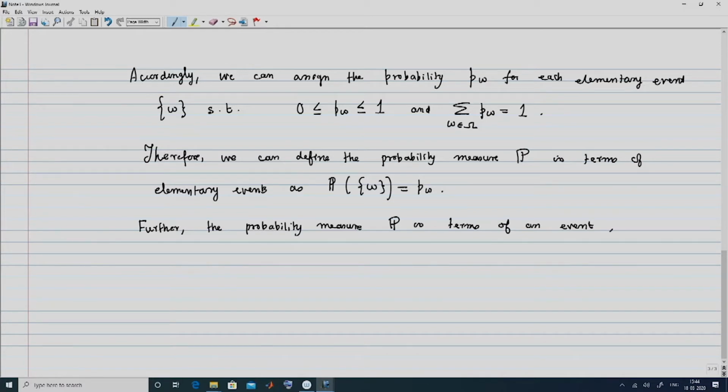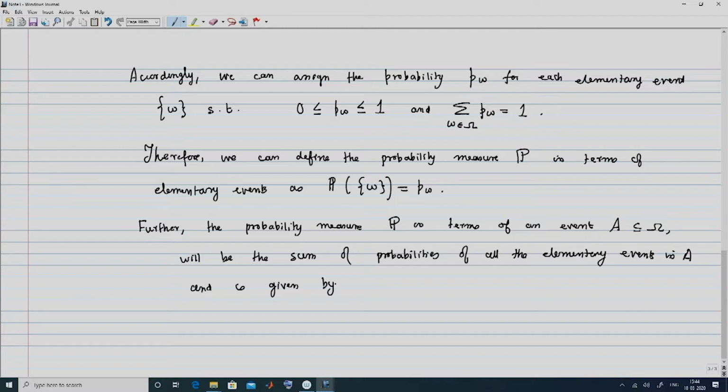So, let us go back to a generic event A. It will be the sum of probabilities of all the elementary events in A, and is accordingly given by: probability of A is simply the summation of probability p subscript omega, where omega is a member of the event A.